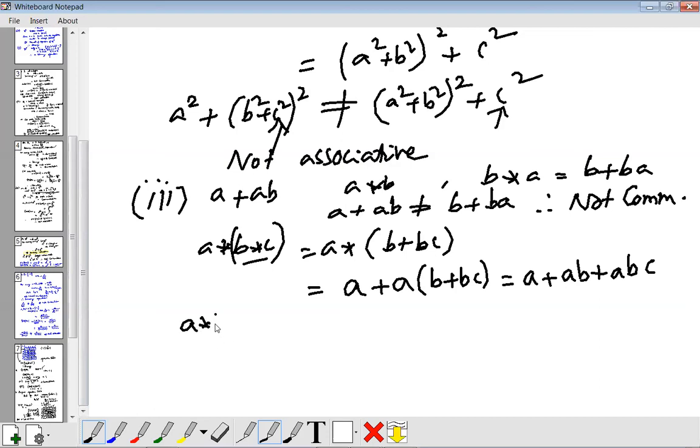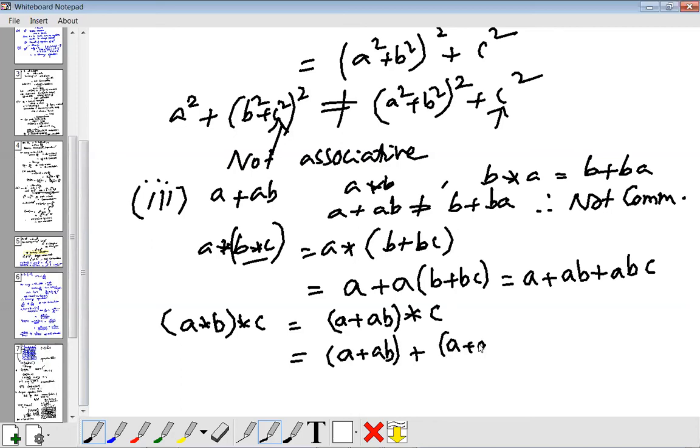And now we say (A star B) star C equals, first one is (A plus AB) star C. So first element plus first element and the second element.